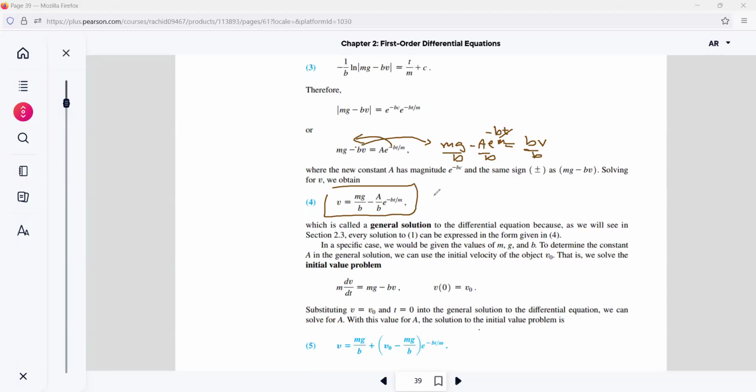All right, so you'll have v equals mg divided by b minus this thing here. So what I want to show you here is what's called the general solution to the differential equation, and it's interesting, and you'll see it more often.